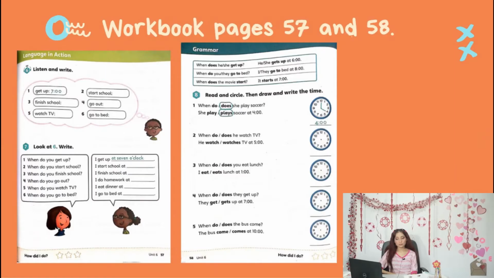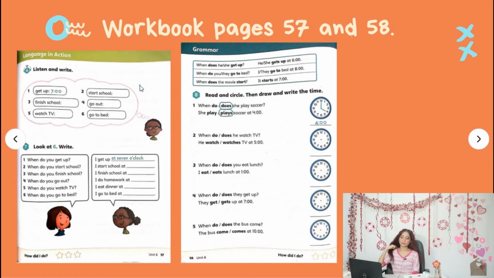Book, page 57. Activity 6. Listen and write. Aunt Margaret, when do you get up? I get up at 7 o'clock. When do you get up? I get up at 7 o'clock too. Oh, when do you start school? Number 2. I start school at 9 o'clock. 9 o'clock.